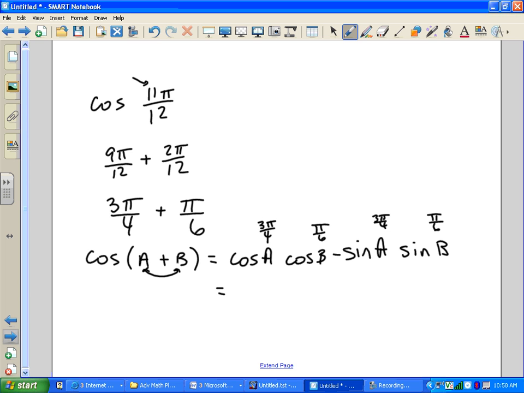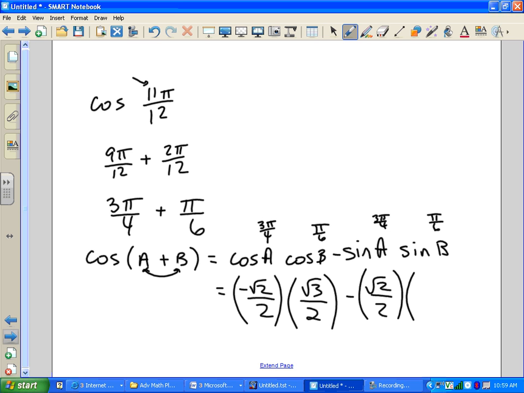Now the cosine of 3 pi over 4 would be negative square root of 2 over 2. And the cosine of pi over 6 is square root of 3 over 2. And now the sine of 3 pi over 4, square root of 2 over 2, times the sine of pi over 6, which is a half.